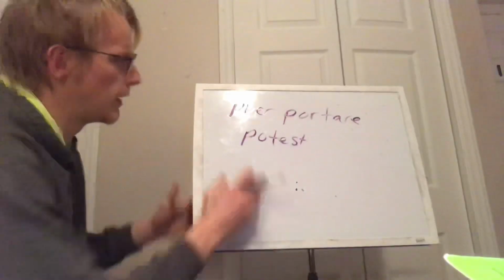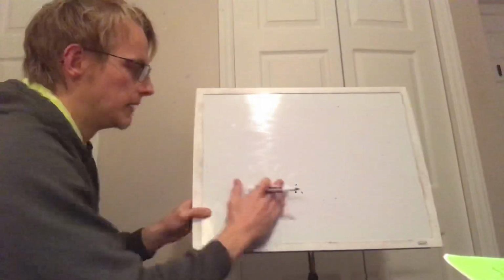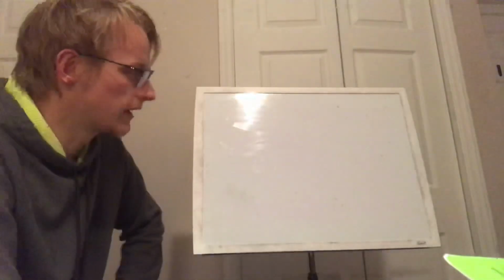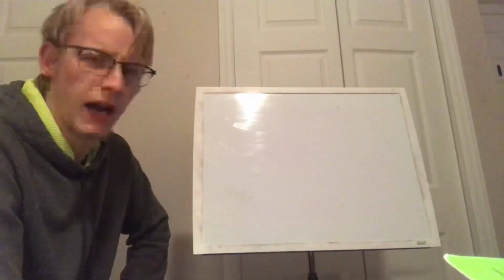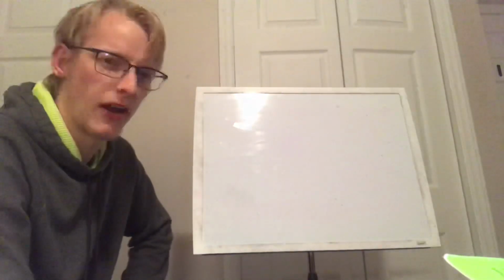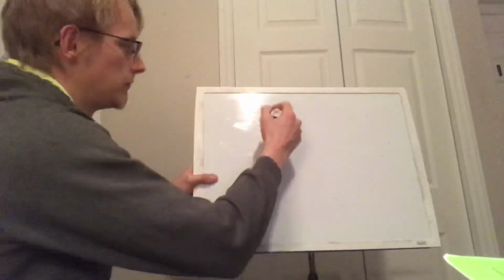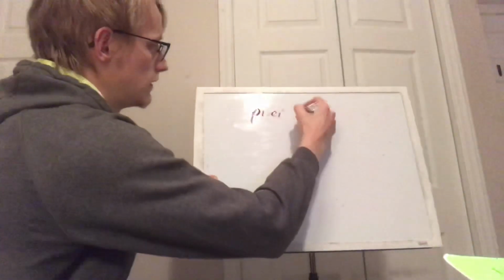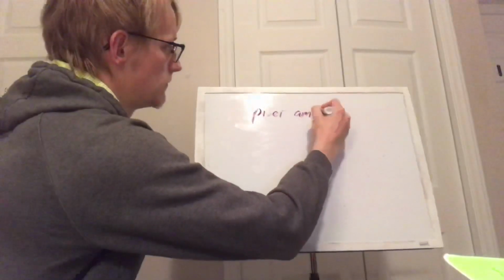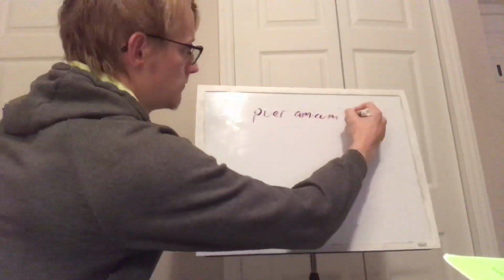All right, let's do a couple more examples, and then I'll let you guys go ahead and do your worksheet. Let's see, what's a good one? Yeah, same as always. Pulsare. Puer amicum pulsat.